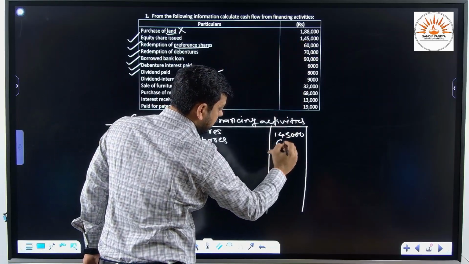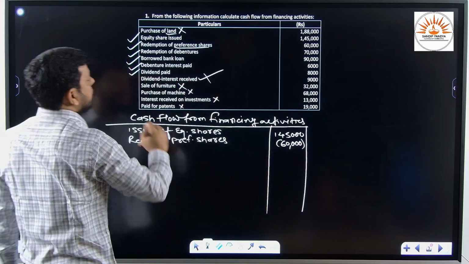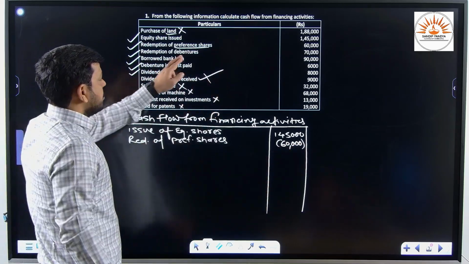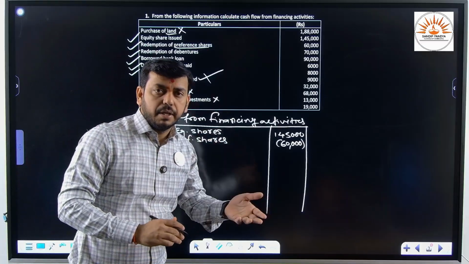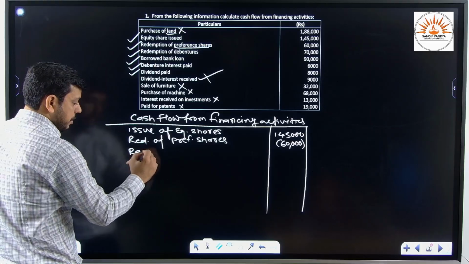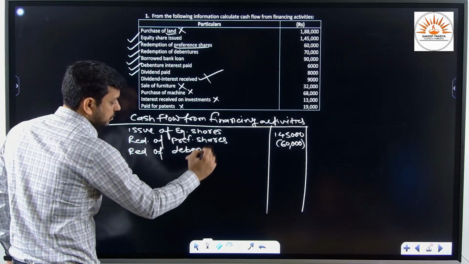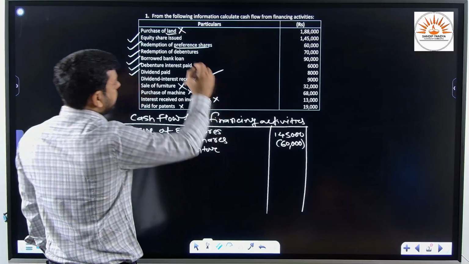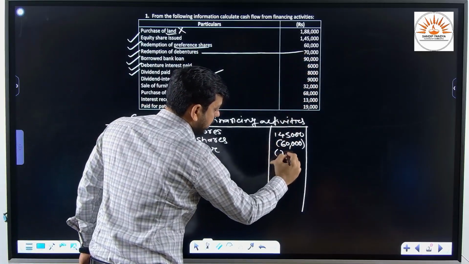Hence we shall write negative flow, that is cash outflow. Now next is redemption of debenture. In the same way, redemption means we are returning or refunding the money to the debenture holder, that is cash goes out, hence we shall write redemption of debenture, that is again cash outflow, where we shall write 70,000.